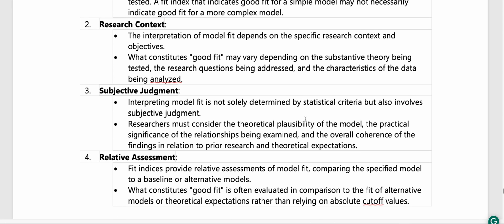Subjective judgment: interpreting model fit is not solely determined by statistical criteria but also involves subjective judgment. Researchers must consider the theoretical plausibility of the model, the practical significance of the relationships being examined, and the overall coherence of the findings in relation to prior research and theoretical expectations.